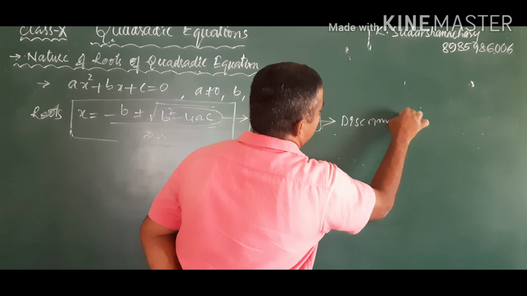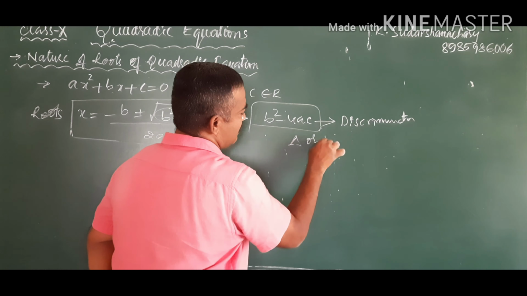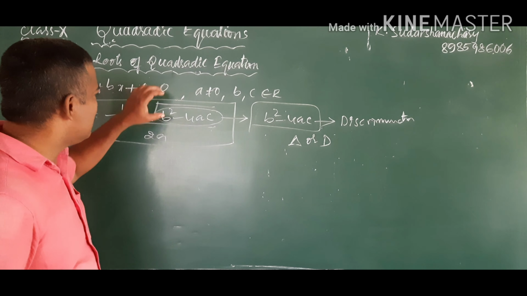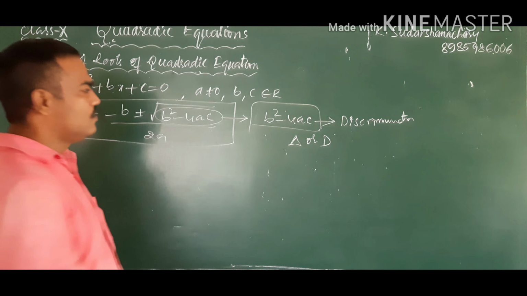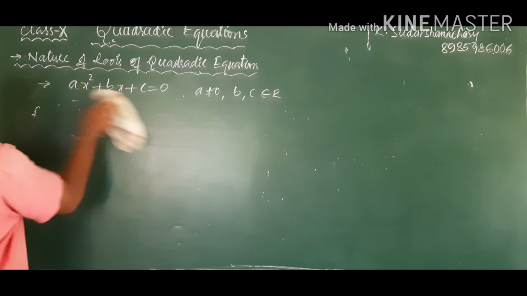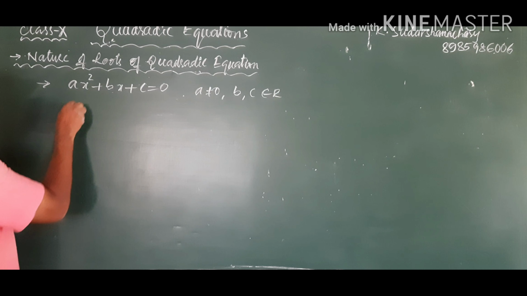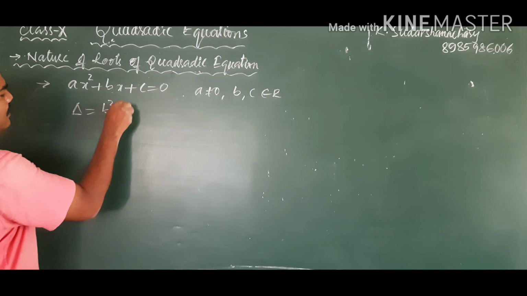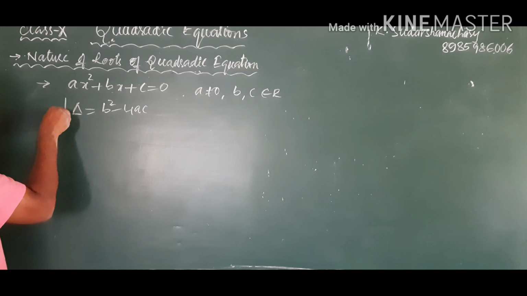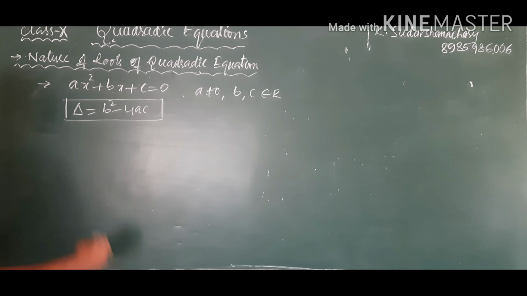It is denoted by delta or D. So the roots depend on this discriminant, delta = b² - 4ac.